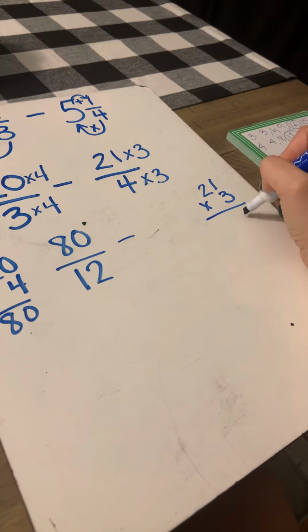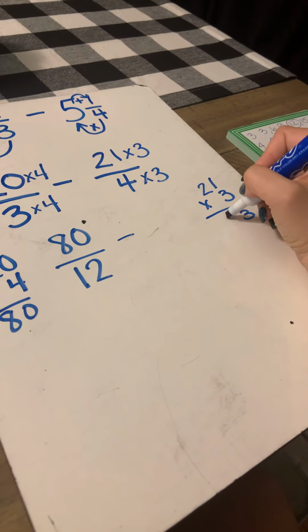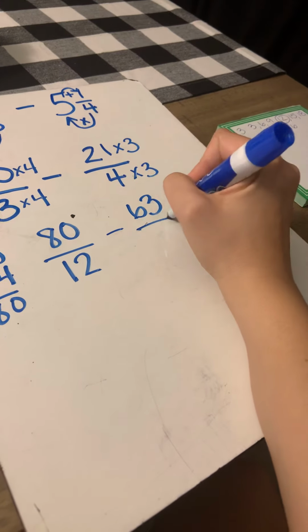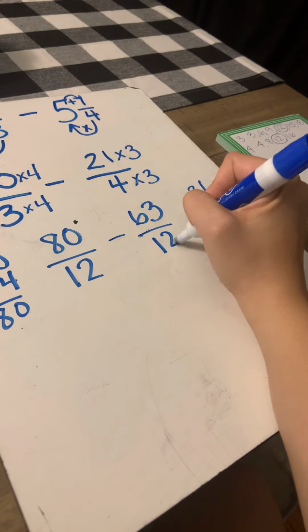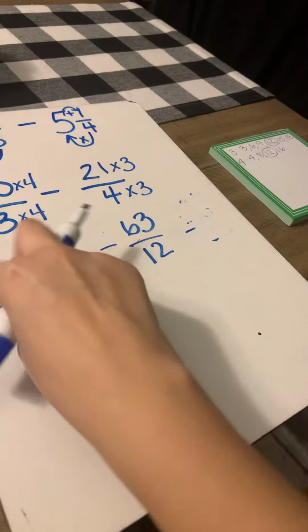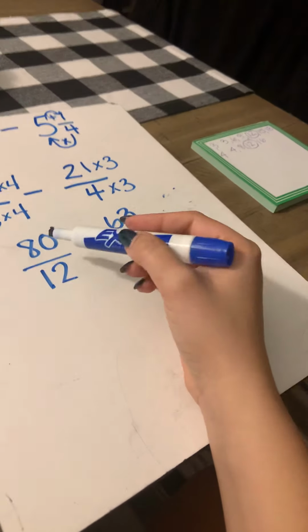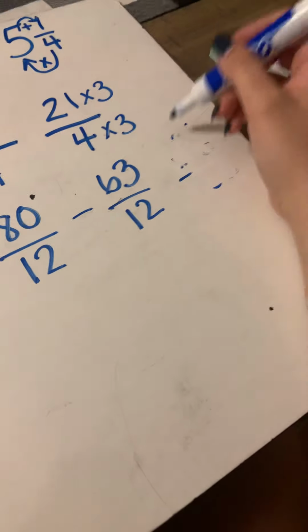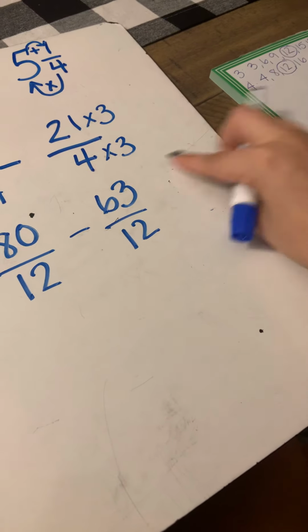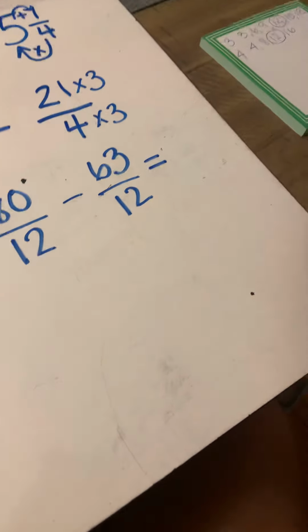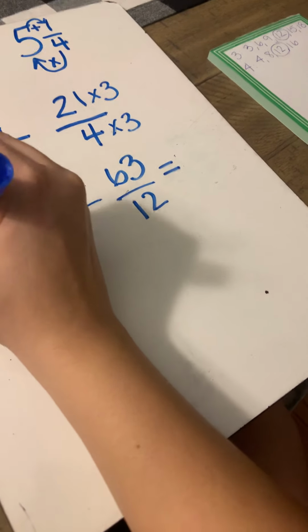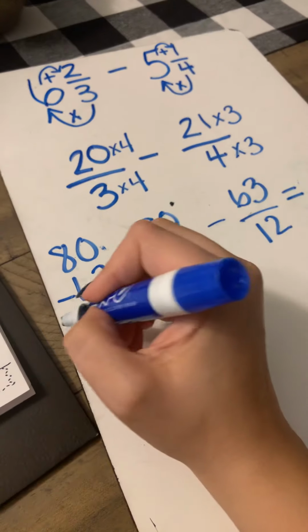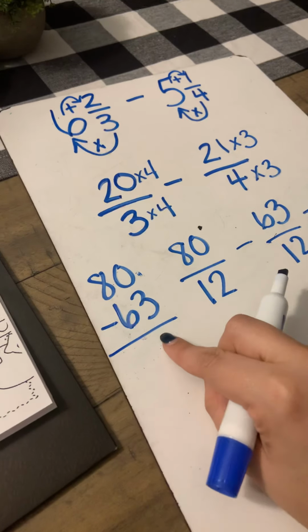3 times 1 is 3, 3 times 2 is 6, so that's 63. And 4 times 3 is 12. So now we can do 80 minus 63. Remember your rules about subtraction.